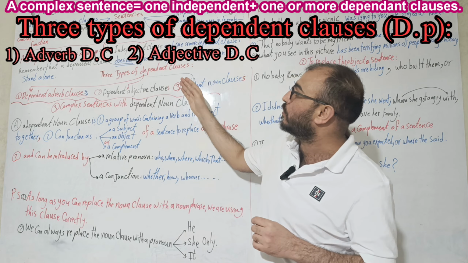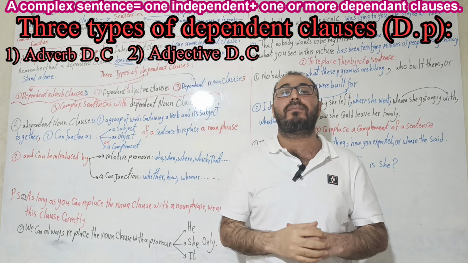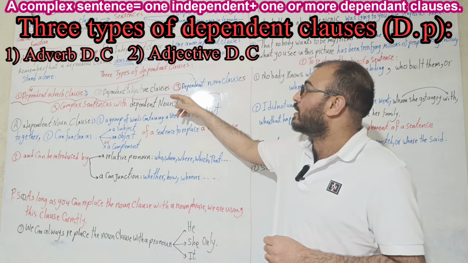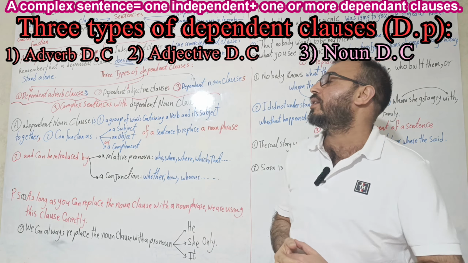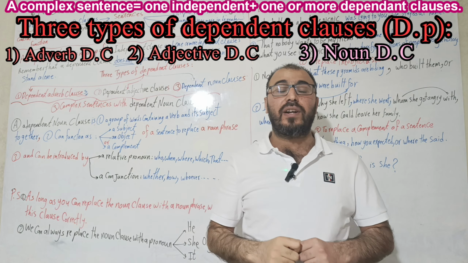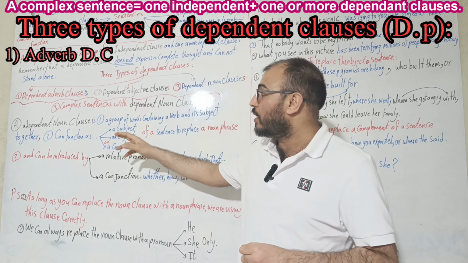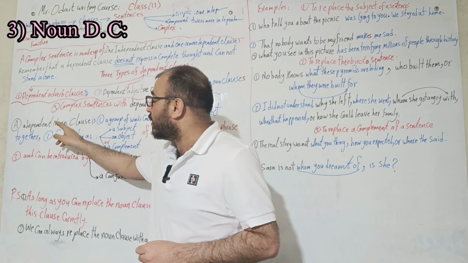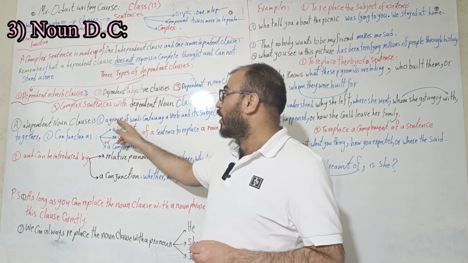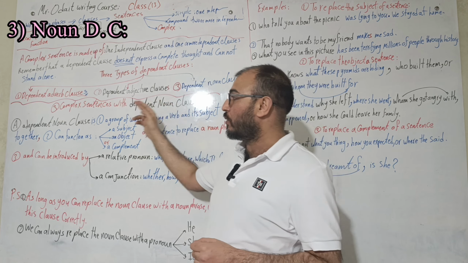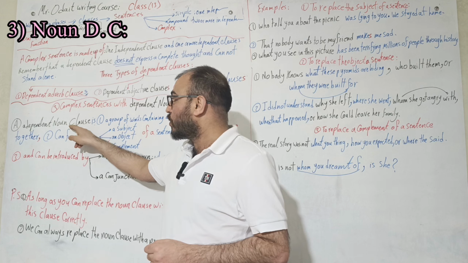And today, my friends, we are going to cover the last type of complex sentences, which is called complex sentences with dependent noun clauses. Now, my friends, let's define a dependent noun clause. A dependent noun clause is a group of words containing a verb and its subject, which is the original definition of a clause.